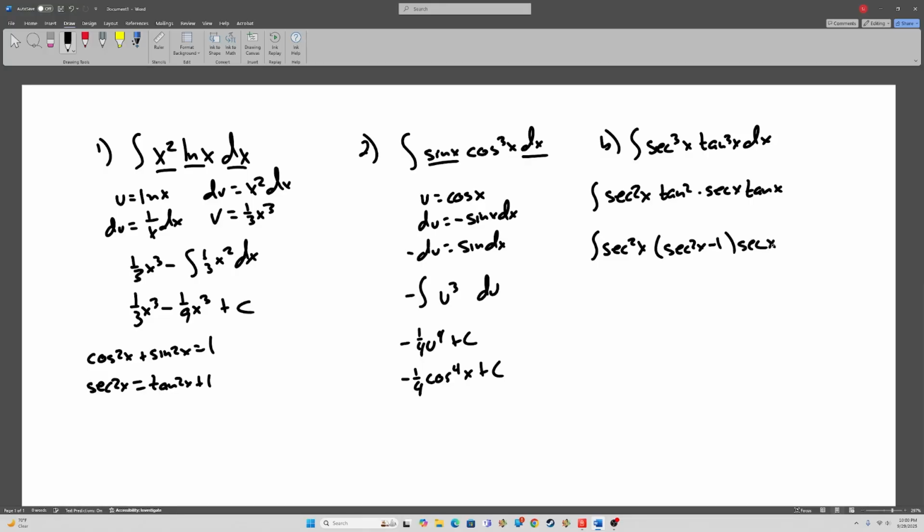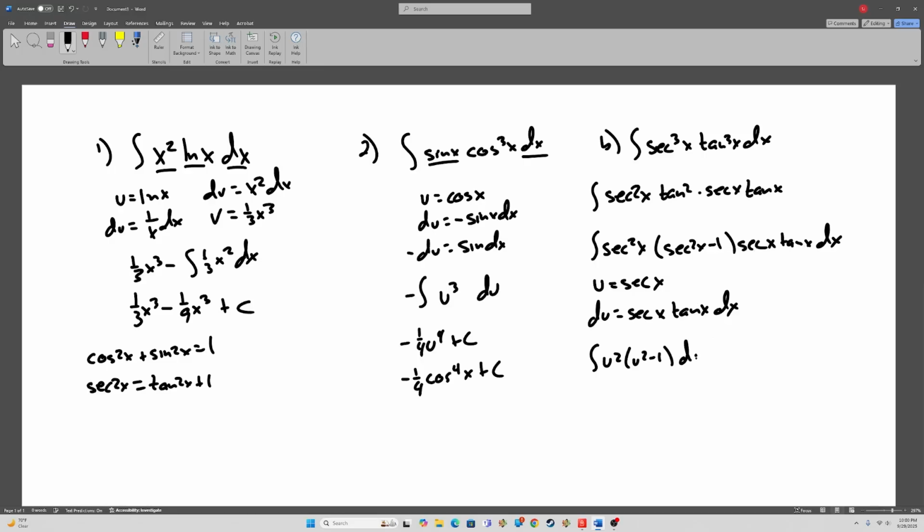We have secant x, tangent of x dx. Well, now we can let u equal secant, and then the derivative is secant tangent. And then we can make a bunch of replacements. So those secants become the u's. So u squared times u squared minus 1, and then the derivative is secant tangent.